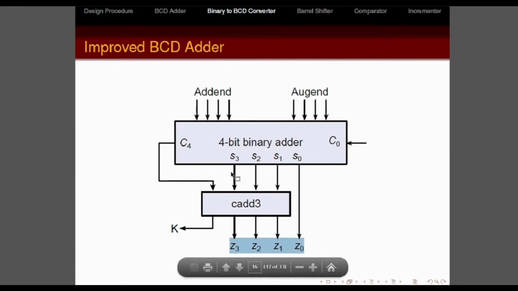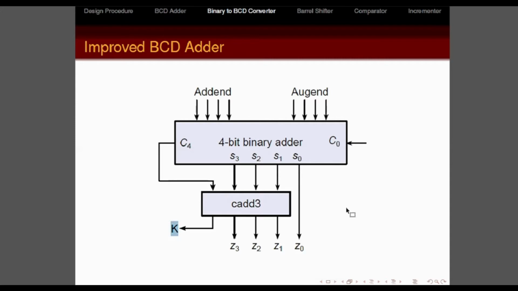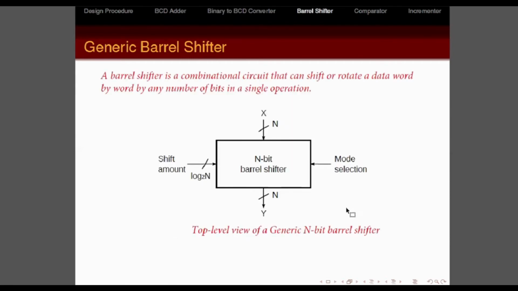But if your output here is, for example, 1010, that means this CADD3 will convert it to 0000, and here will be 1. It becomes 1, 0 in BCD. Okay, that's what happens. So using the CADD3 module is much better than the other version.